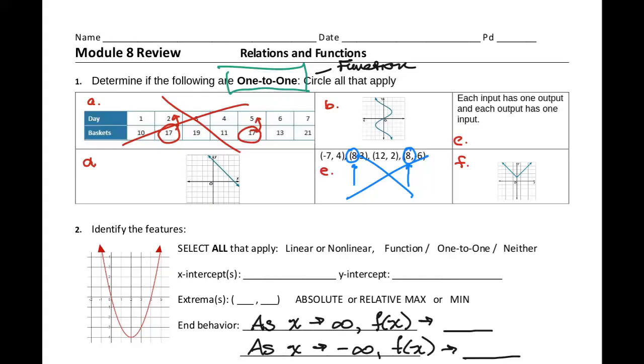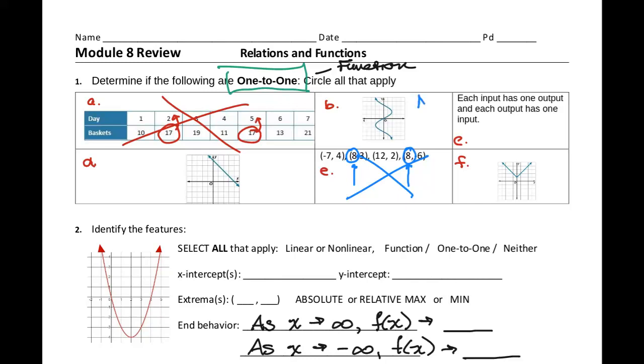What about B? Okay, why not? It works with the horizontal. But you're right. Why is it not? B? Well, that's a graph. It doesn't pass the vertical test, right? So it has to be a function first.